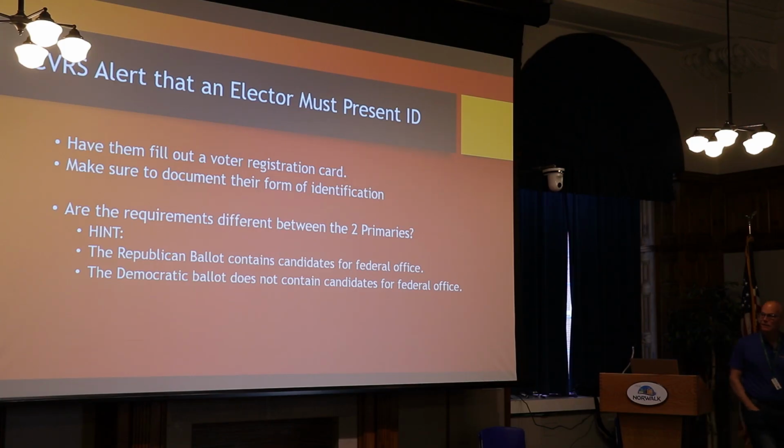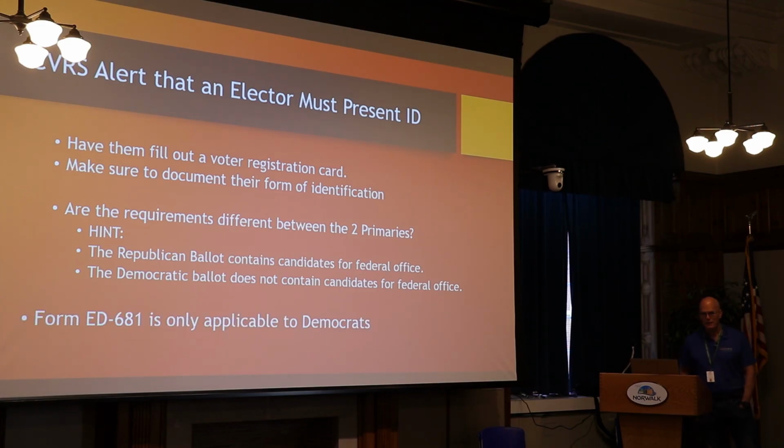I'll give you a hint. The Republican ballot contains candidates for a federal office. The Democratic ballot does not contain candidates for a federal office. Form ED 681 is the form that you could fill out if you don't have acceptable ID.